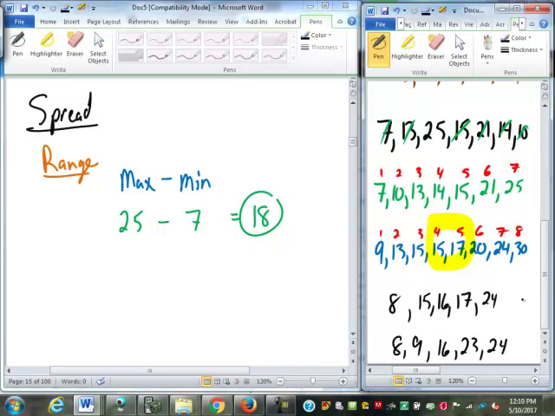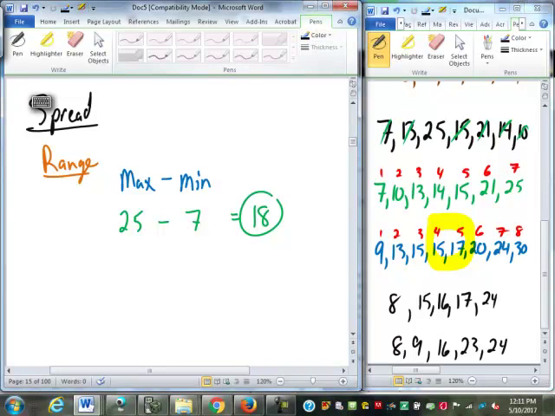Now you might agree that those are not equally spread out. If I were to do a dot plot of those numbers, now I'm just going to do this over under 8, 9, 10, 11, 12, 13, 14, 15, 16, 17, 18, 19, 20, 21, 22, 23, 24.